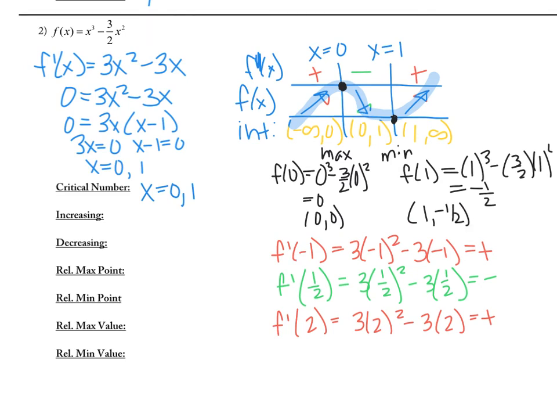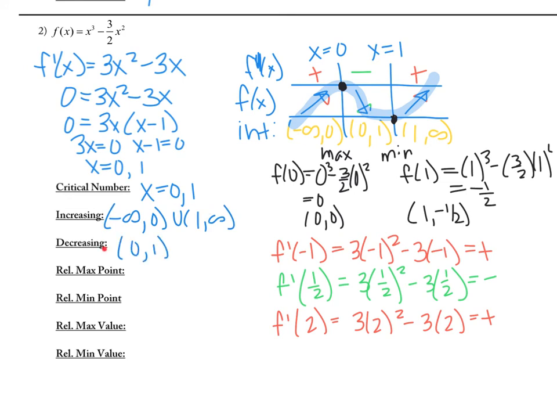Okay. And now we have all our information. So we're increasing at 2 spots here, right? They were the red arrows that I originally had drawn in. So that's going to be from negative infinity to 0, and then 1 to infinity. Then we're decreasing for where f prime of x is negative, so that's going to be 0 to 1.